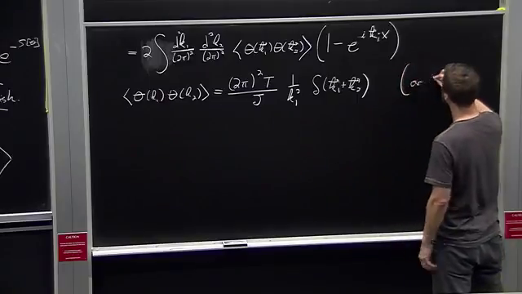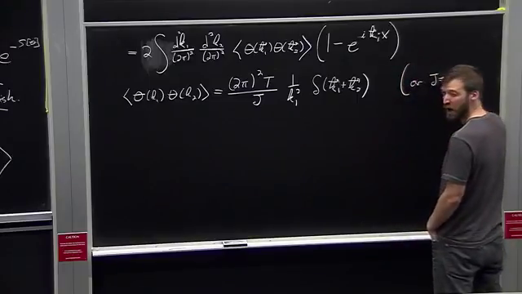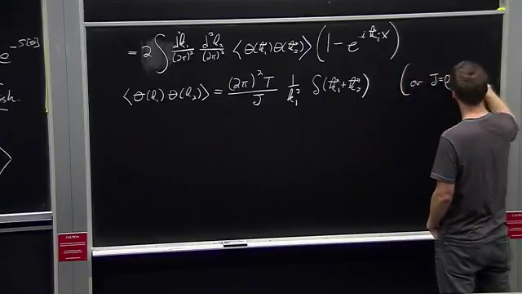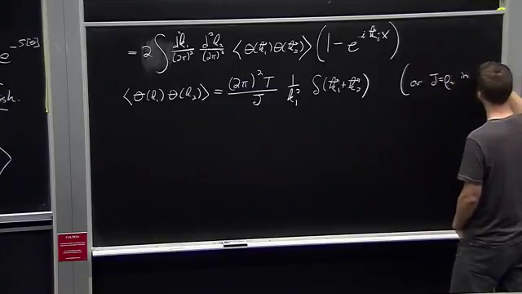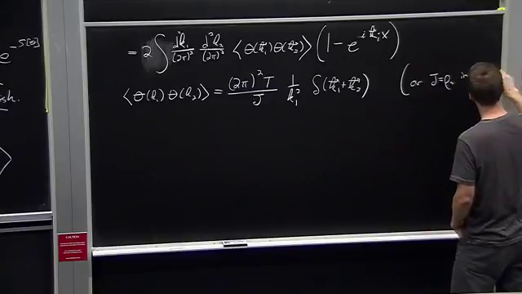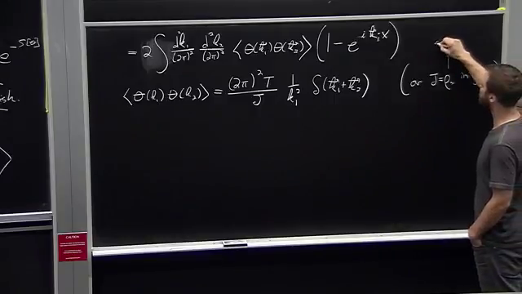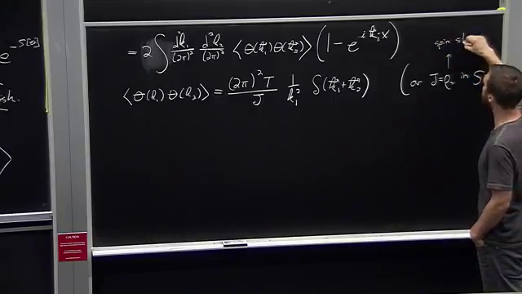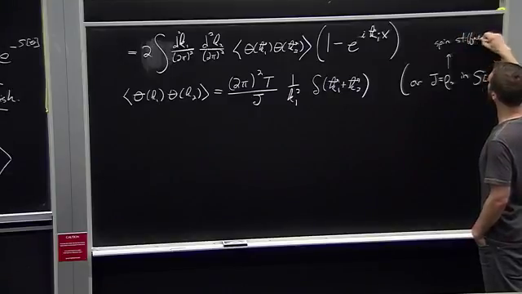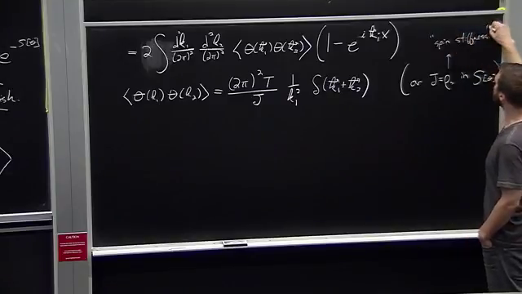Or J is equal to rho_s in the action S[theta]. So the Hamiltonian in the action I'm treating as the same thing. I can't remember why I used rho_s. It's probably because this will be the spin stiffness. Yeah, this is the spin stiffness on your homework assignment.